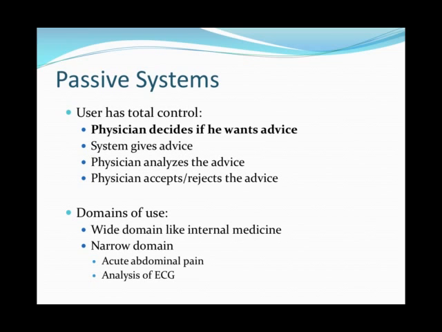So in a passive system, the physician has ultimate control because first of all he decides, do I want advice? Then he uses the clinical decision support system, and the system will give him advice, and then he analyzes that advice and decides whether he wants to accept or reject it.